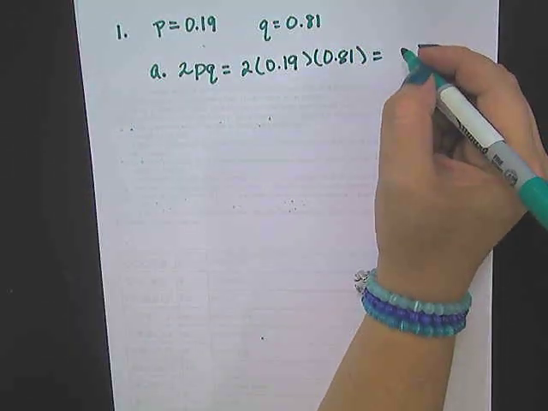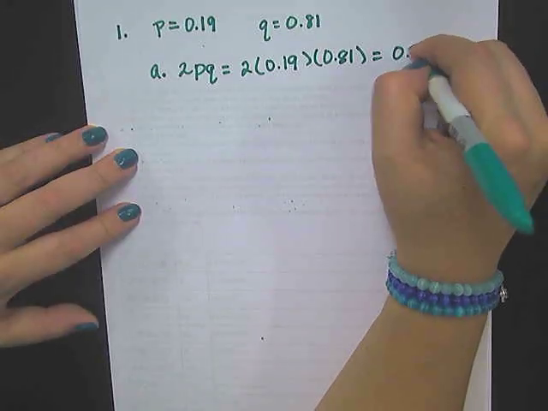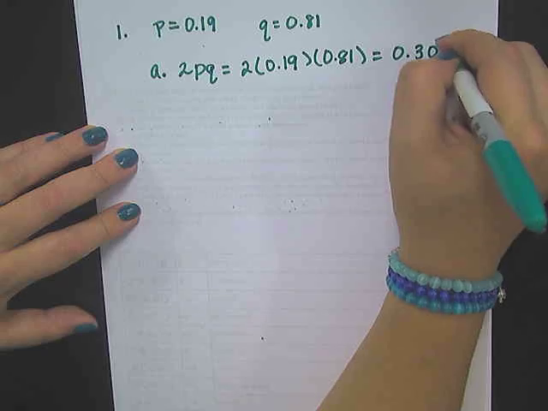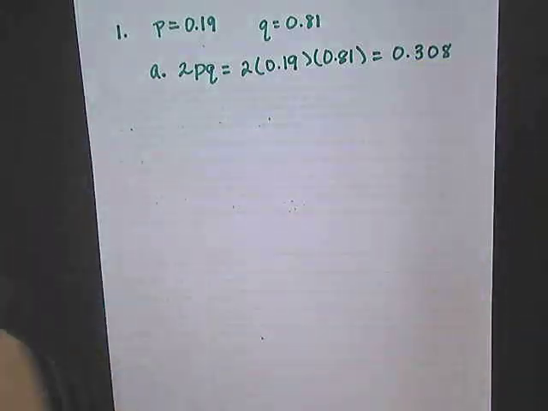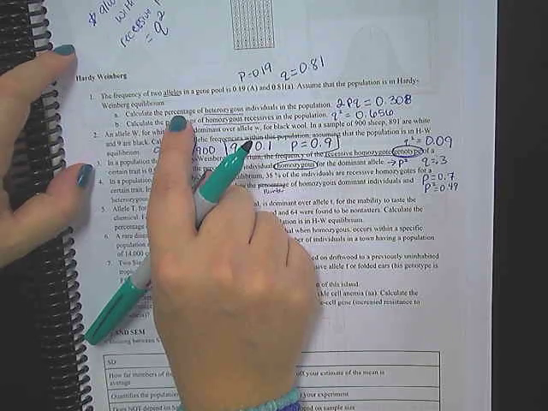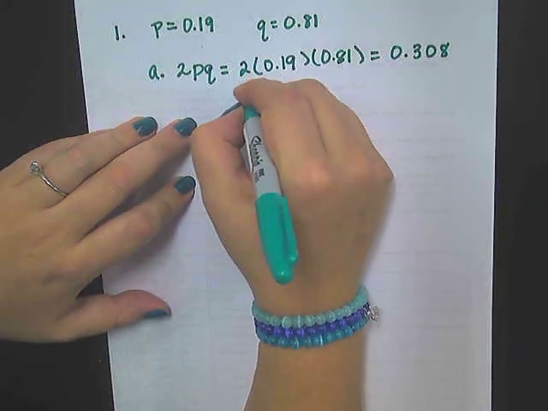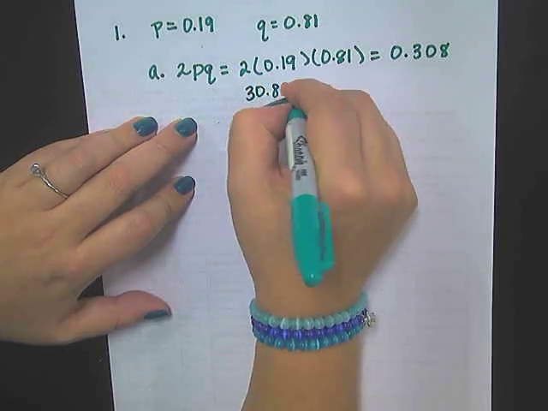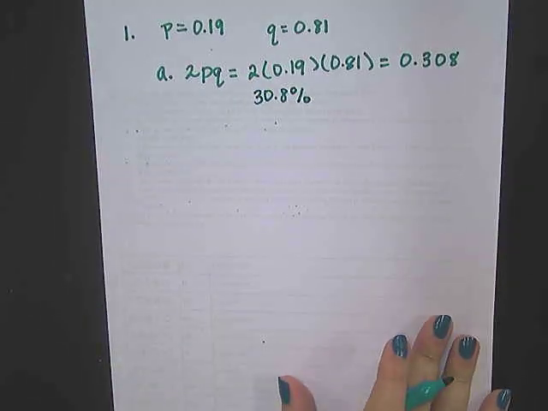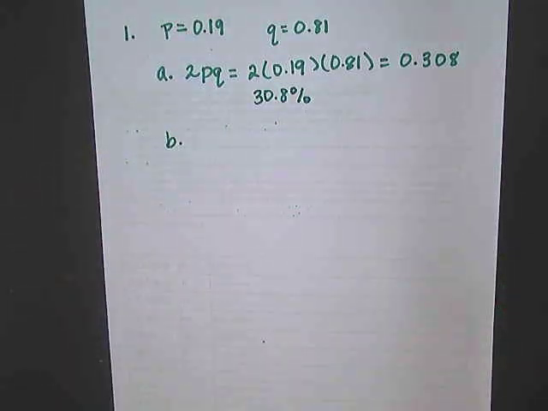And then when you put this into a calculator, you get 0.308. And in the word problem, since they were asking for a percentage, be careful with that, you're going to take your frequency and multiply it by 100, and that's where we get 30.8% for part A.